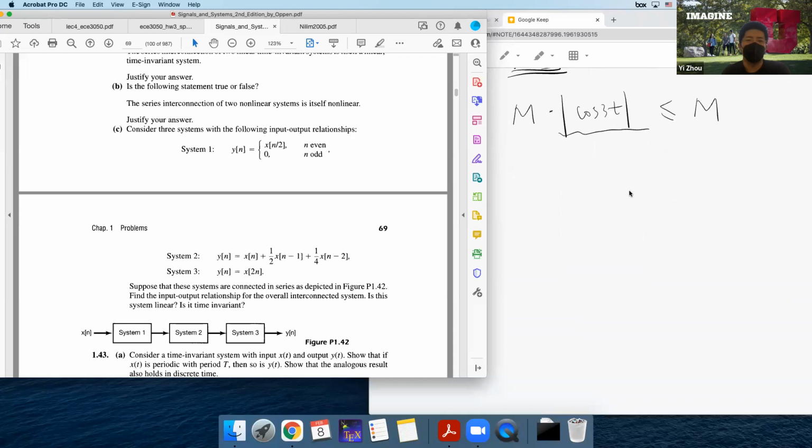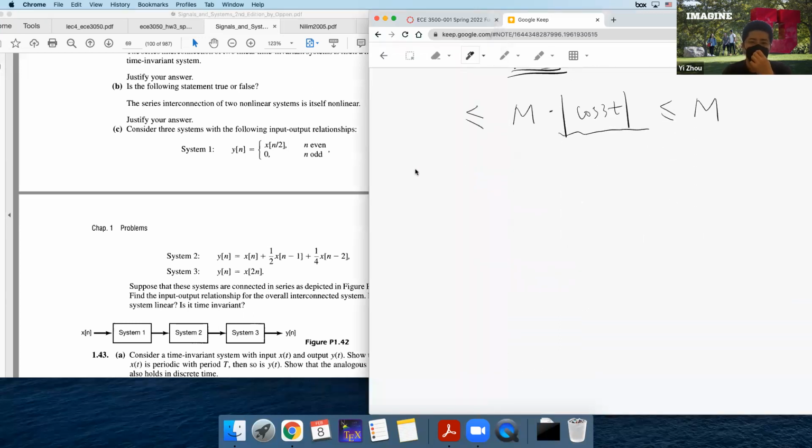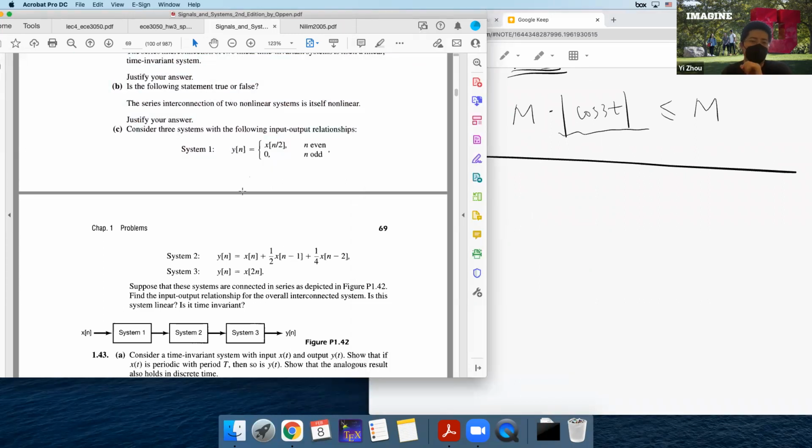Not sure if I have time to finish this one. After system 1 is piecewise, system 2 is piecewise, but after system 3, you should get rid of the piecewise thing here.